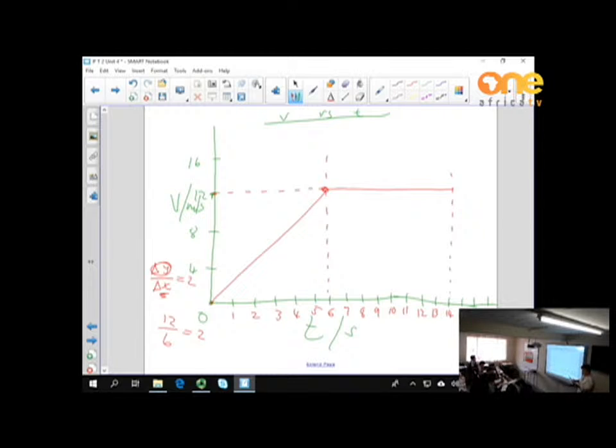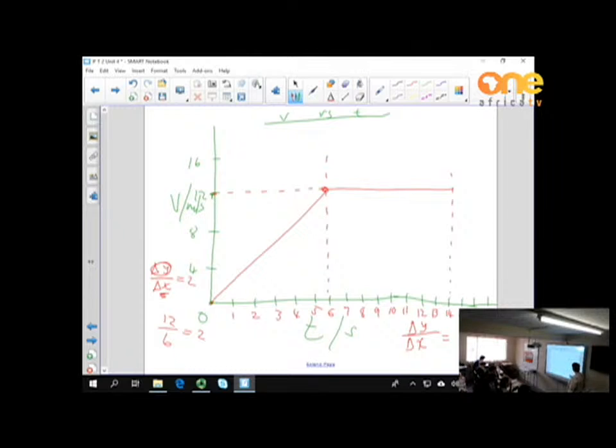And finally, he will decelerate at 4 meters per second squared until he stops. Now, we have to do the same thing. Change in y over change in x must equal 4.